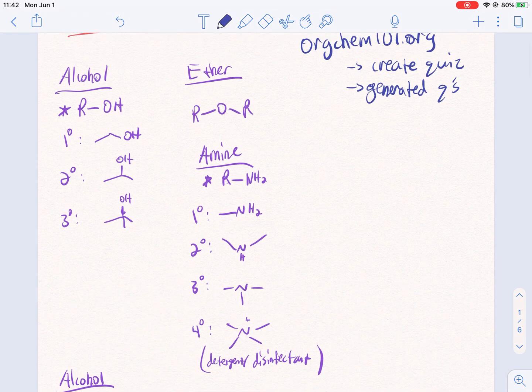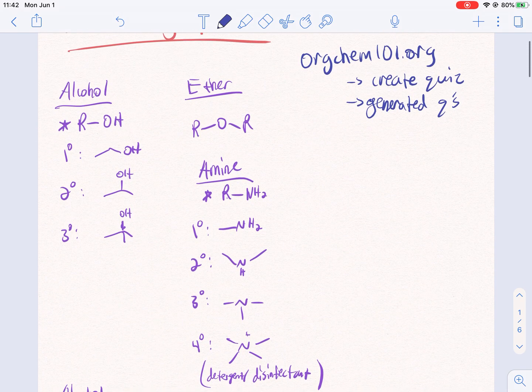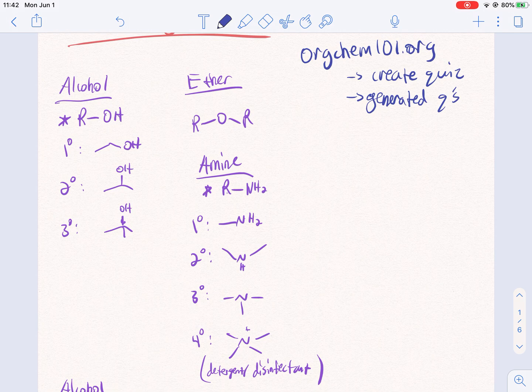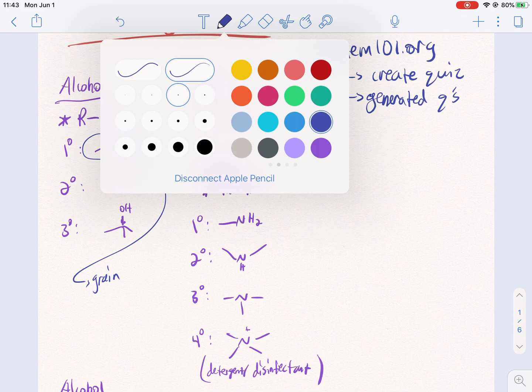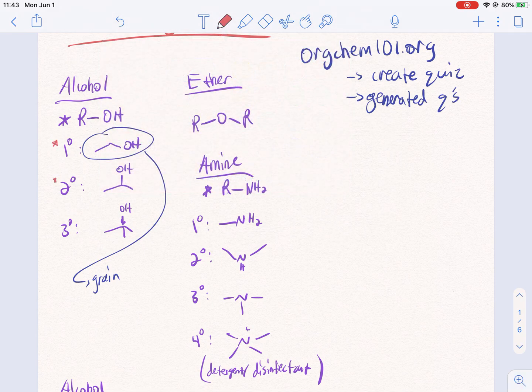So alcohols, this is ethyl alcohol, ethanol, AKA grain alcohol, stuff you drink when you're trying to get lit, okay? Alcohols are named primary, secondary, and tertiary.